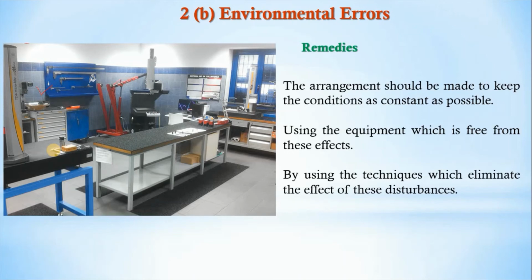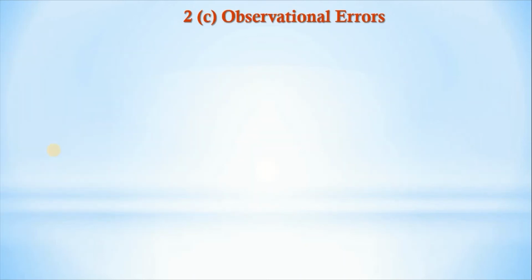So by using these techniques we can eliminate the effect of these disturbances, that is environment, pressure, humidity change, all this can be taken care of. By applying computed corrections, there also we can remove these environmental errors.